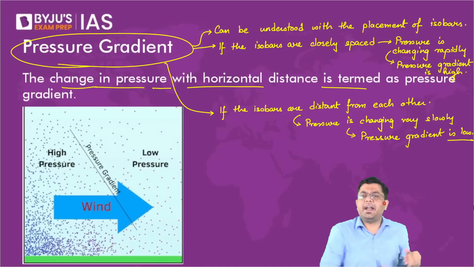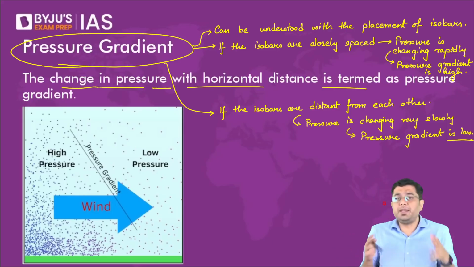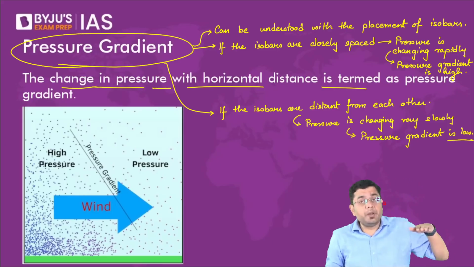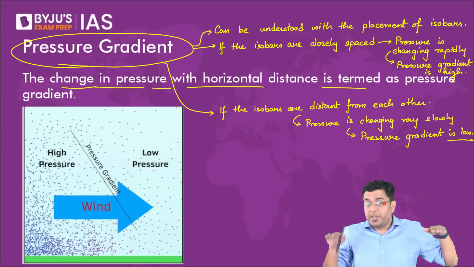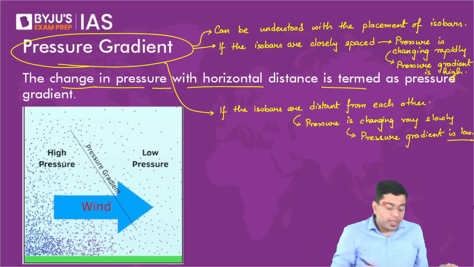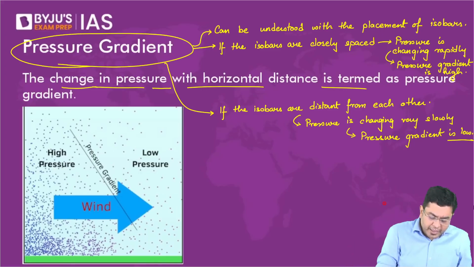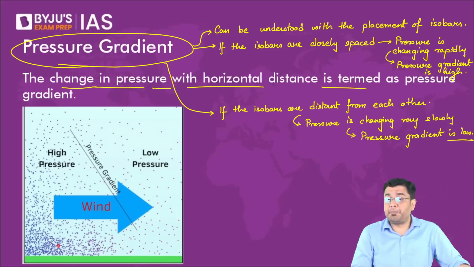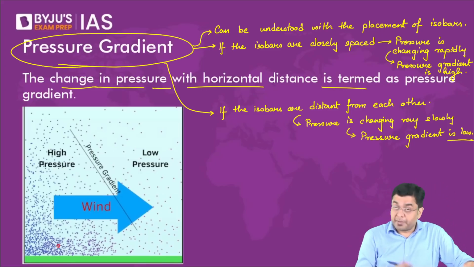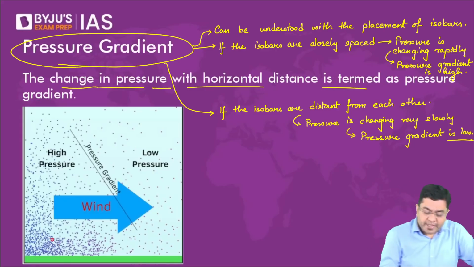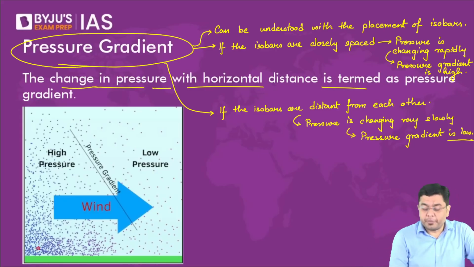Now, when we say that in a particular region the pressure gradient is there, it means one region will be there where the pressure is high, one region will be there where the pressure is low. So if you take a look at this particular schematic, pressure gradient means that in one region the pressure is high, in one region the pressure is comparatively low.